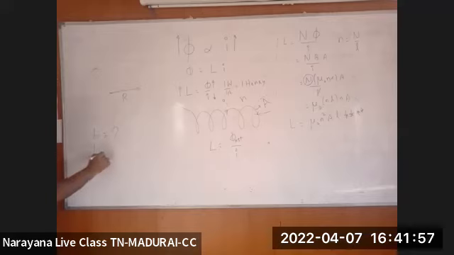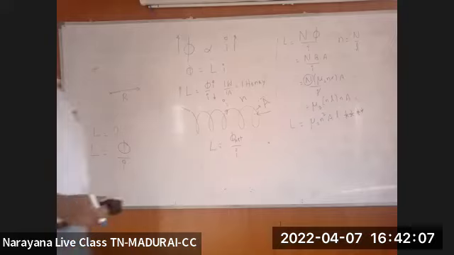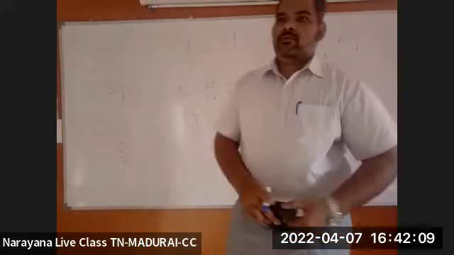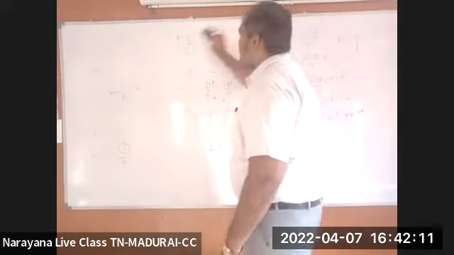Coefficient of self-inductance equal to total flux by current. Total flux means I have given a single turn only, so you don't need to multiply by capital N. Only one turn is enough.